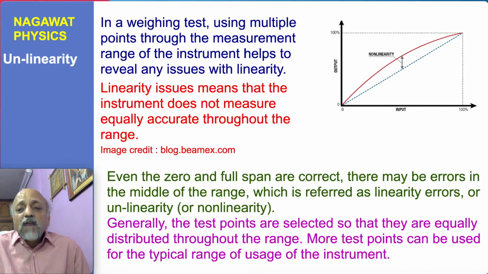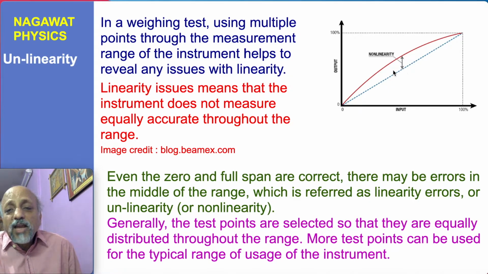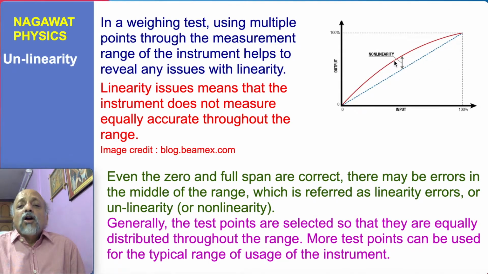I have calibrated it for 0 and 66 kg, but at 30 kg or 33 kg or 40 kg it shows error in the measurement, because the displayed readings are based on this straight line from 0 to 66, but the actual value is not in alignment with it.